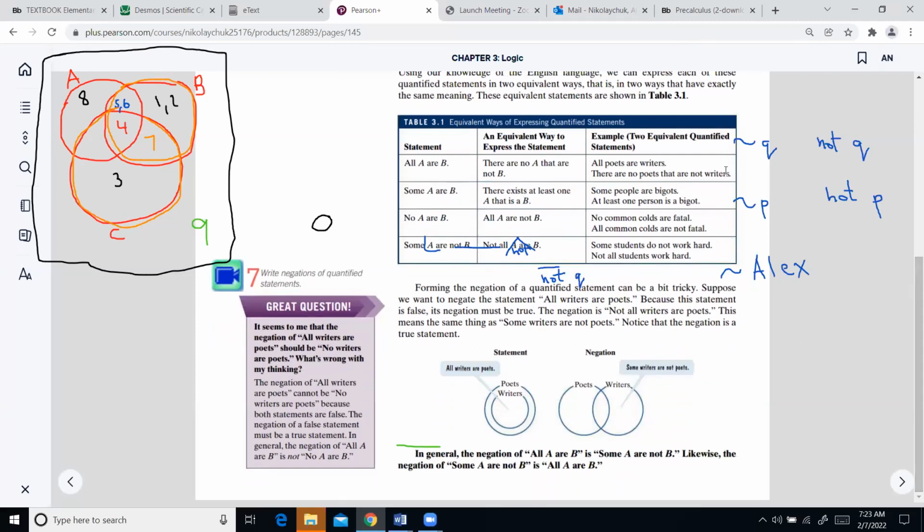There is a little table here that is worth considering. In this little table they're talking about some of the negations and how they change our sentences. So here is "all A are B." What does that mean?